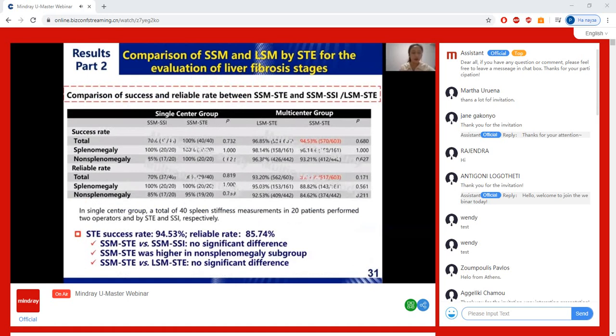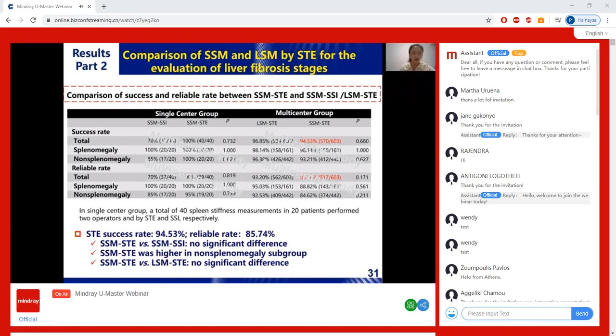In single-center group, a total of 40 values of spleen stiffness measurements were acquired in 20 patients performed by 2 radiologists with STE and SSI, respectively. Success and reliable rates of 2 technologies were both 100% in splenomegaly patients, while in non-splenomegaly patients, success rate and reliable rates of STE were higher than SSI without significant difference though.